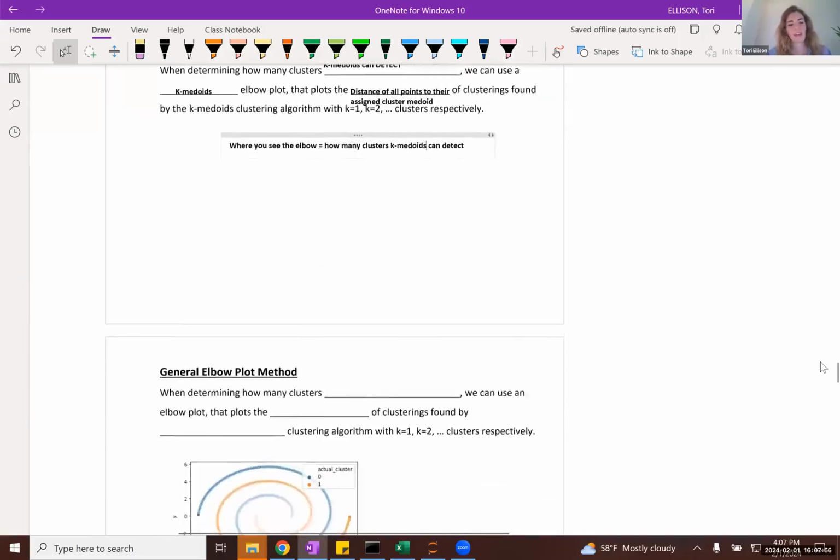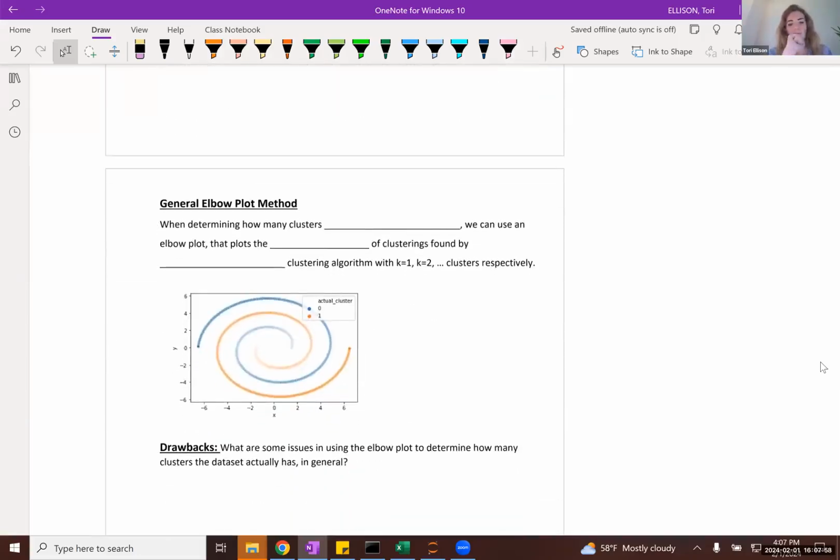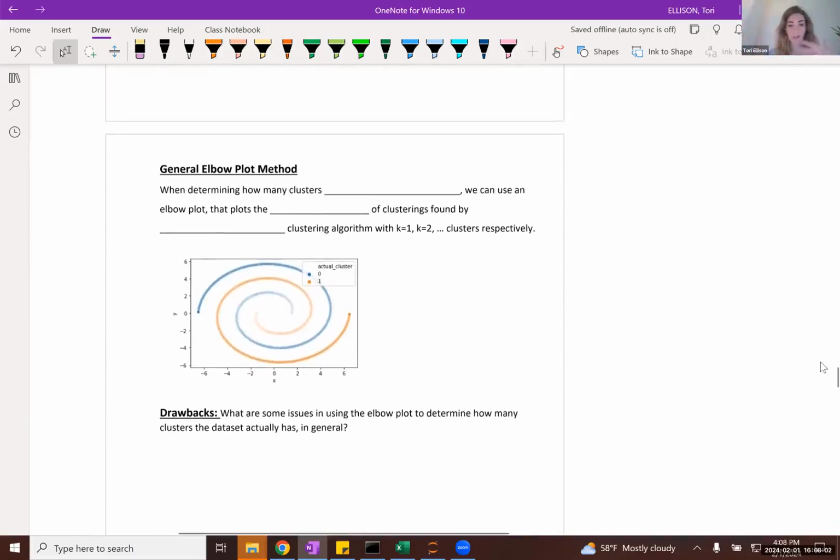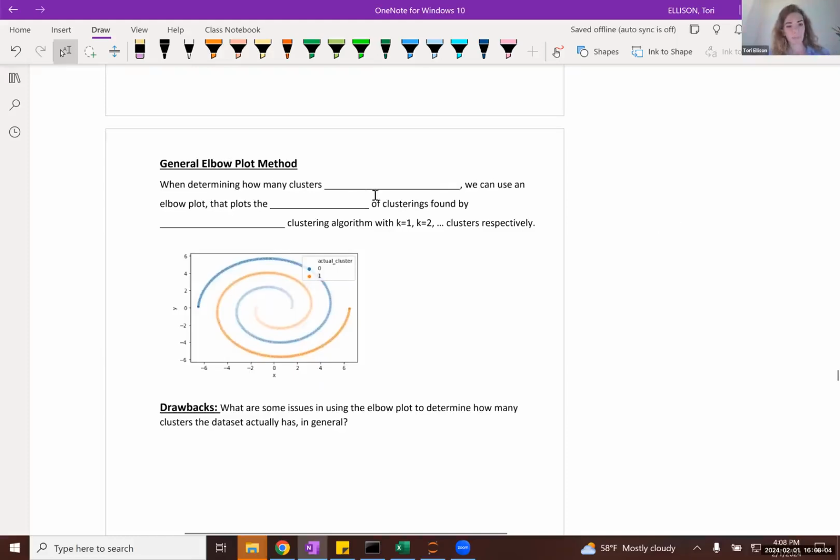Okay, and again, we don't need to bound ourselves to just using k-means or k-medoids to identify the number of clusters. We can use any clustering algorithm that allows us to specify the number of clusters in the data set.